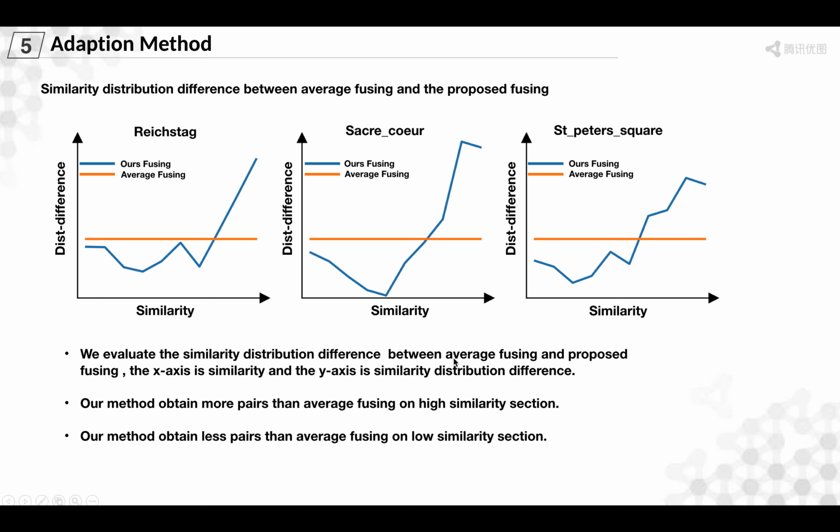Then, we calculate the distribution difference between average fusion and the proposed fusion. The experimental results show our method obtains more pairs than average fusion in the high similarity section, and fewer pairs in the low similarity section.